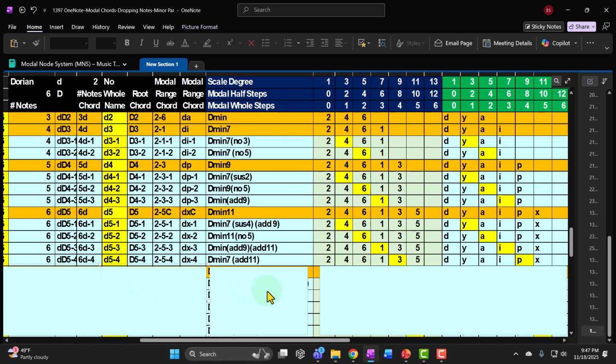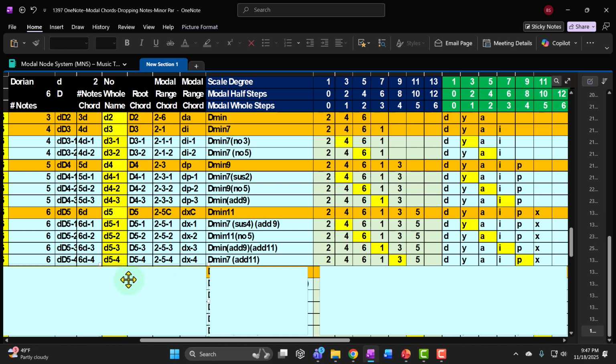I mean, so then we have, what if I drop the 9? Well, you would think that would be a D minor 11 and then no 9, but they won't let us drop the one that's closest to the end. I can't go long and then drop the short. I have to go short and then add the long typically. So I'd have to stop here and call it a D minor 7, add 11, skipping this one to add that one.